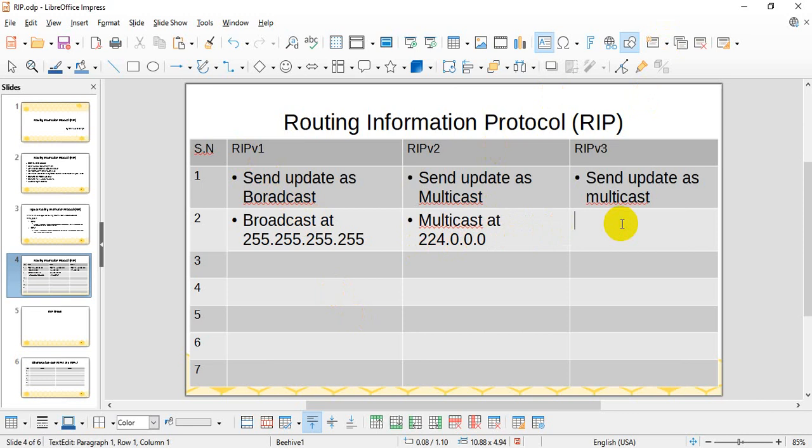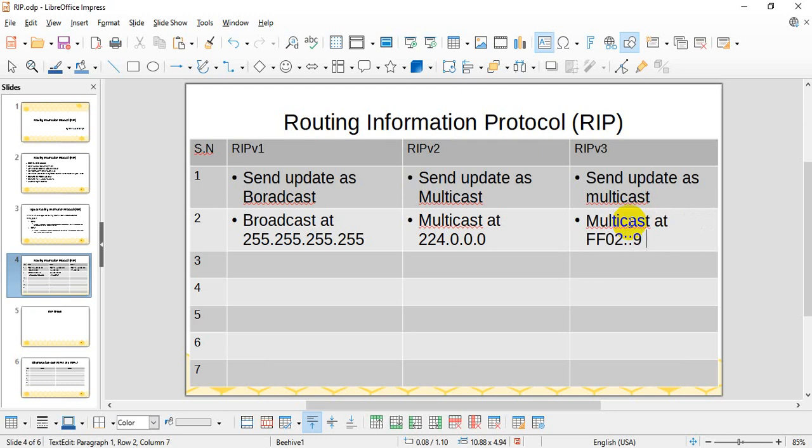As we know, RIP version 3 is also known as RIPng, and it is the IPv6 Routing Information Protocol, so it will multicast to FF02::9.